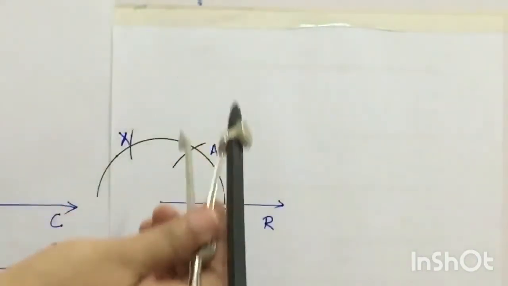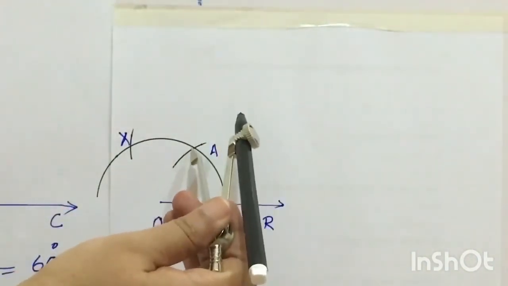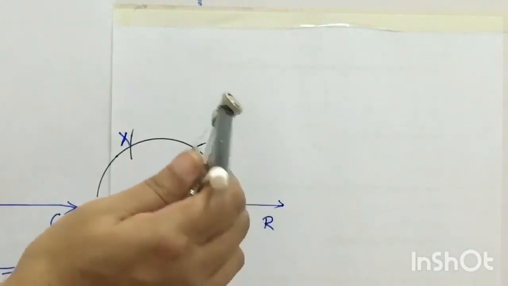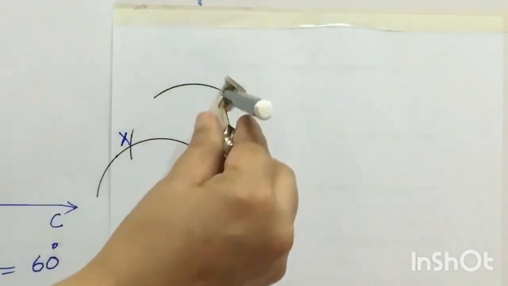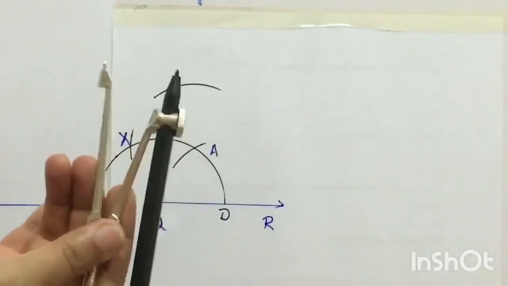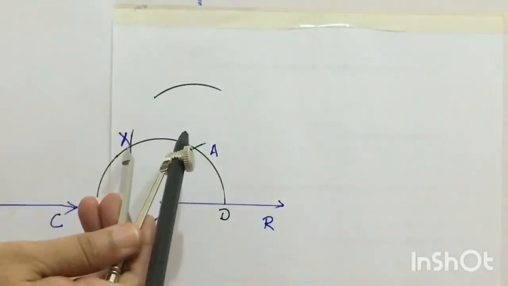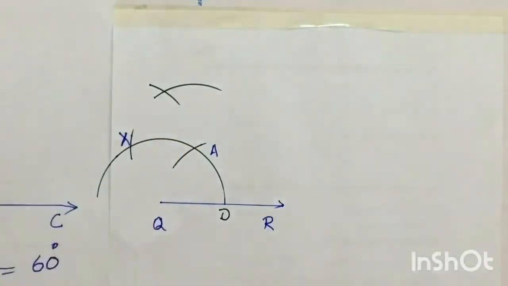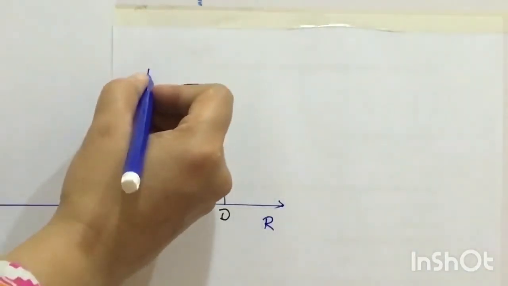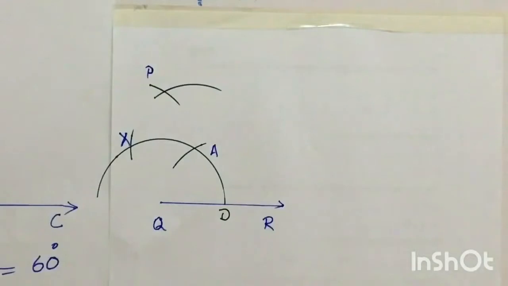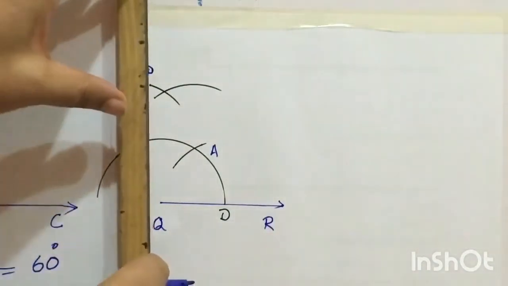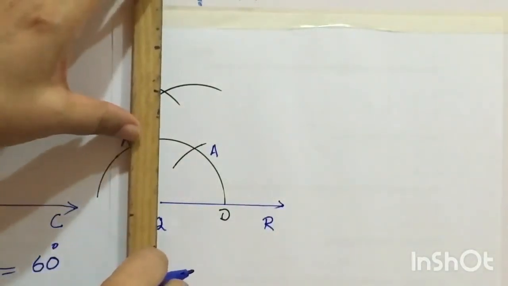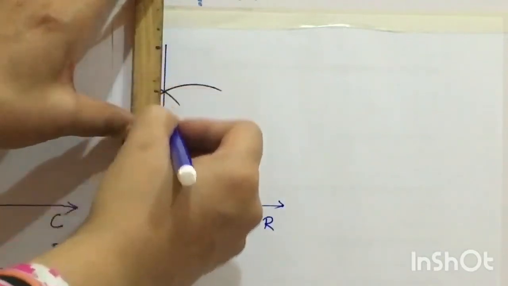Okay. Now place the needle of the compass at point A and mark another arc, again with the same width. With center X, mark another arc which cuts the previous arc at a point which you may say P. Now if I join point P to Q, the angle of 90 degrees is formed.